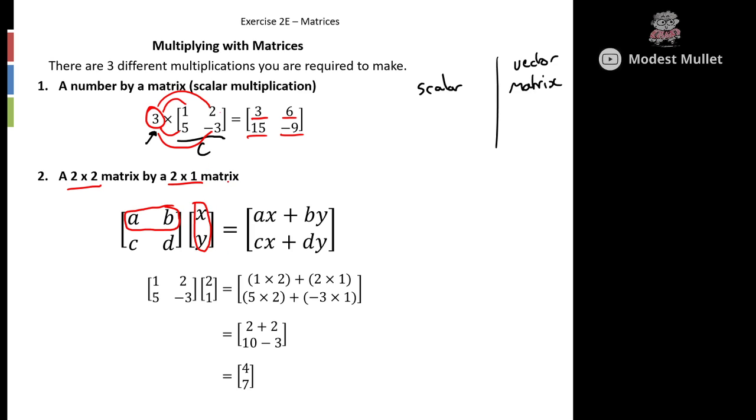And we can only do matrix multiplications if the amount of columns in the first matrix is the same as the amount of rows in the second. I have 2 rows there and I have 2 columns there.